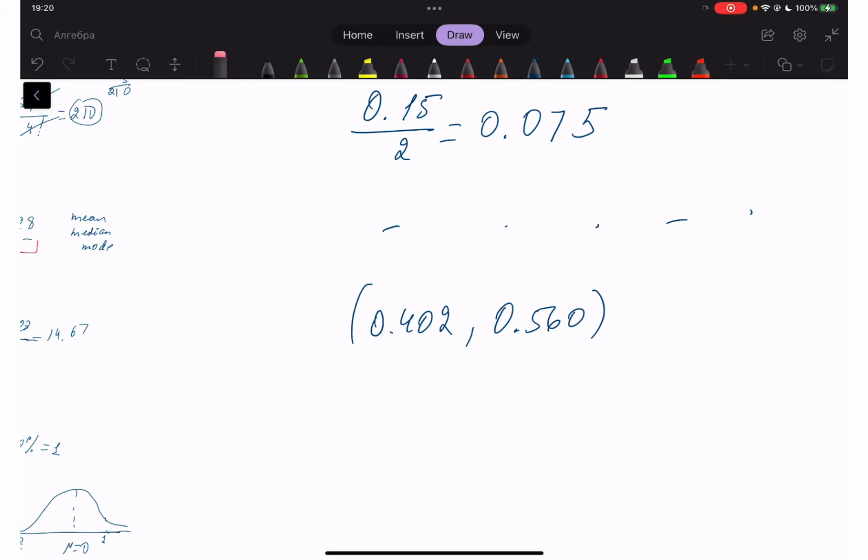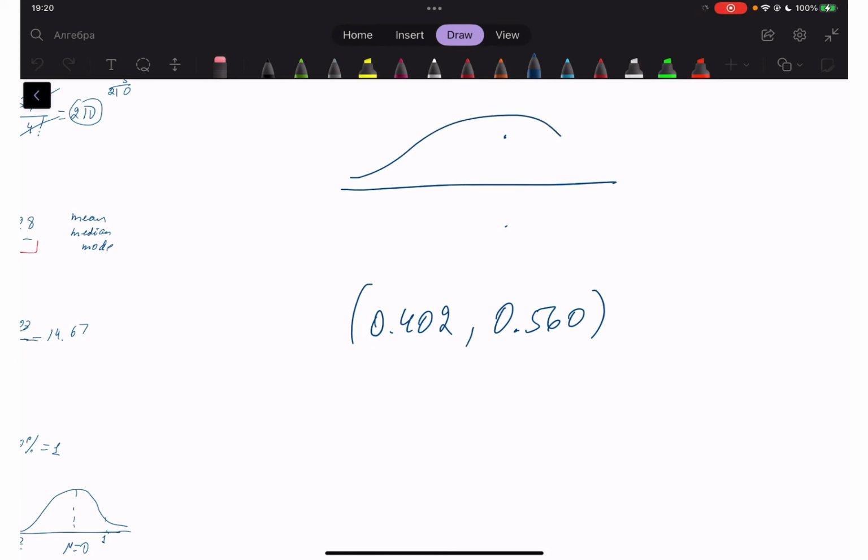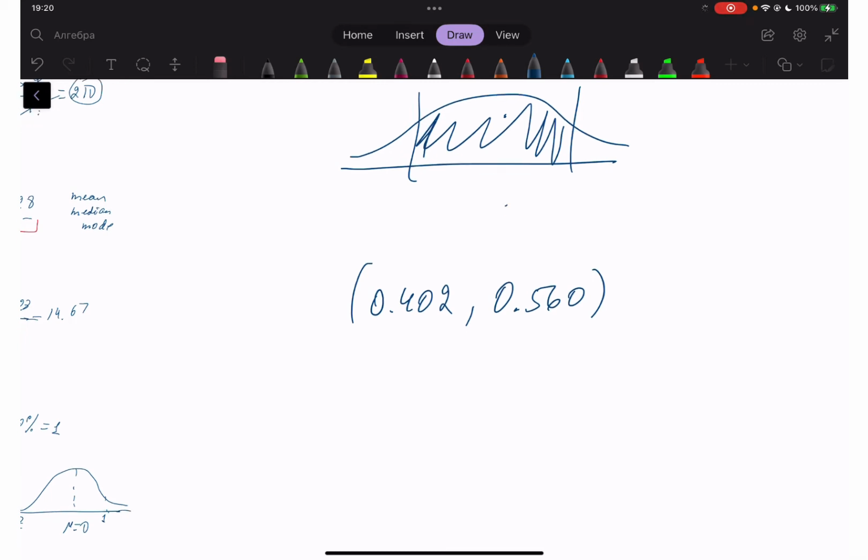Remember, in the previous problem, I was talking that this is a confidence interval, right? So what does that mean? That means it's between these numbers, it's a confidence interval, okay?